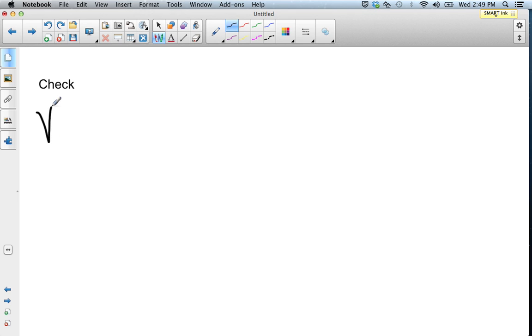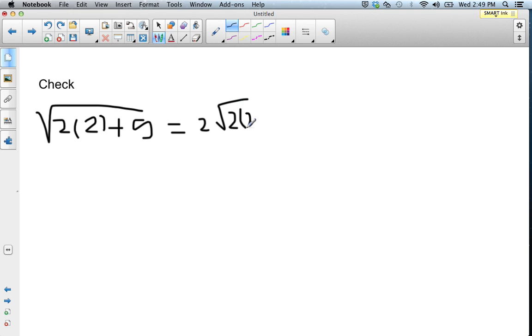Okay, square root of 2 times, and I'm checking 2, so 2 plus 5 equals 2 times square root of 2 times 2 plus 1. Now, 2 times 2 is 4. 4 plus 5 is 9, so we get square root of 9.